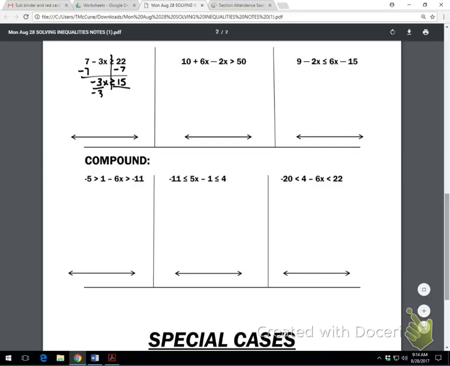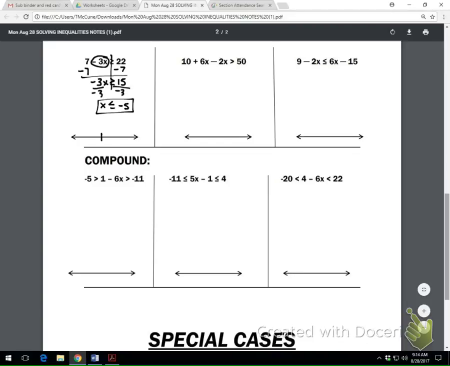Divide by negative 3. So I get x. Don't worry about the sign just yet. Negative 5. 15 divided by negative 3 is negative 5. Now, am I going to flip my sign? Yes. So what does it flip to? There you go. x is less than or equal to negative 5. Because that x was negative in the original problem.